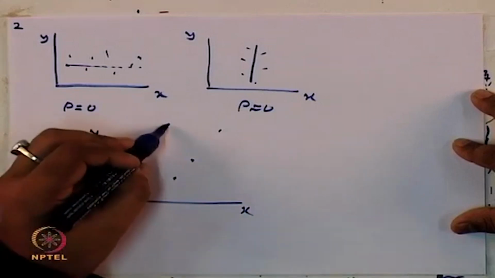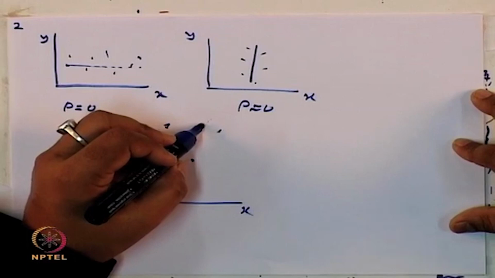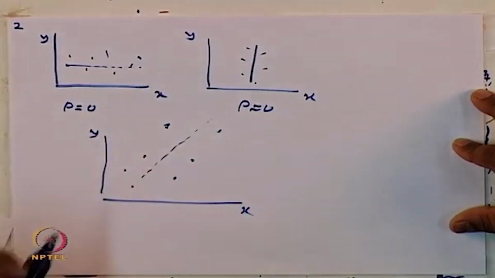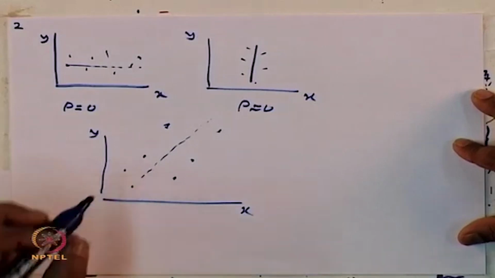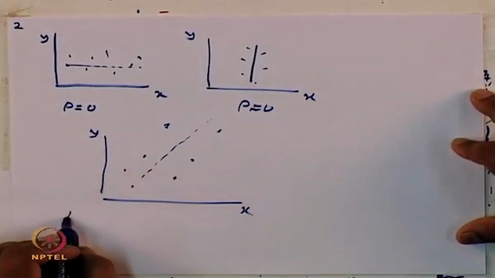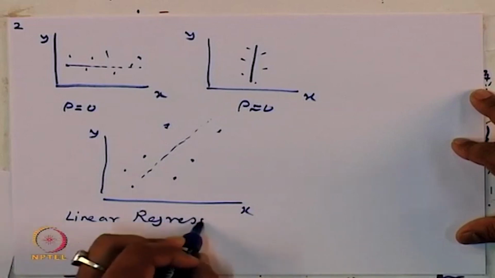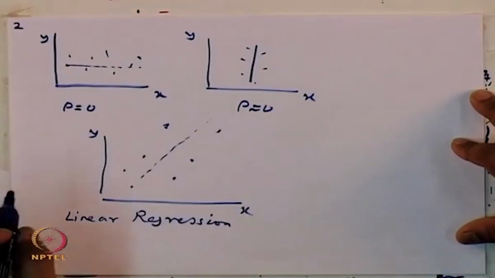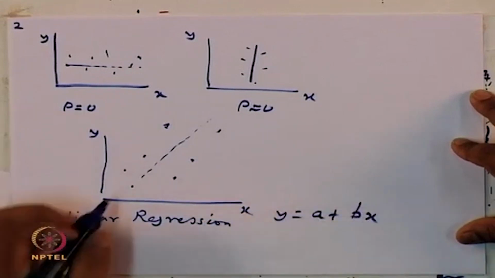Here the objective is to approximate these data points by some curve, maybe linear, as seems from the trend of these points. In case of linear regression, I want to approximate this data by some equation like a plus bx.